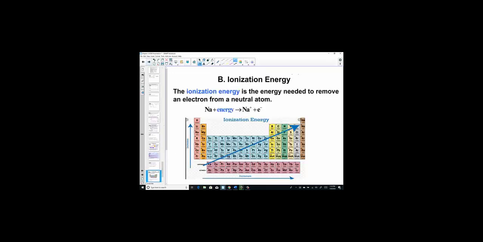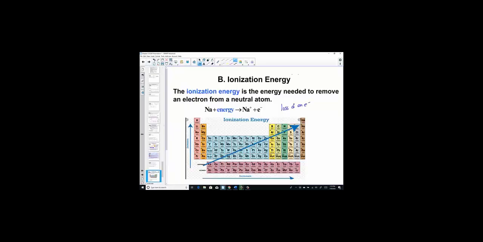The last of our periodic trends will be ionization energy. That's the energy needed to remove an electron from a neutral atom. How much energy does it take to rip off an electron from its neutral atom? The loss of an electron.